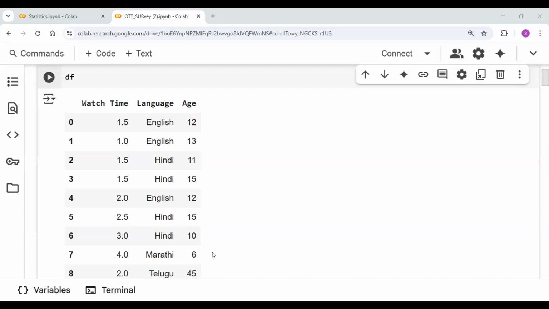Yes, Ramesh. Okay, this is from the descriptive statistics. So what do you understand from this descriptive statistics? Can you please share?